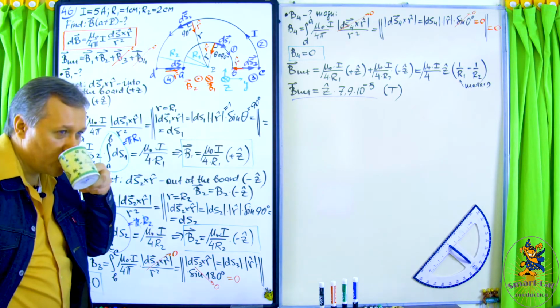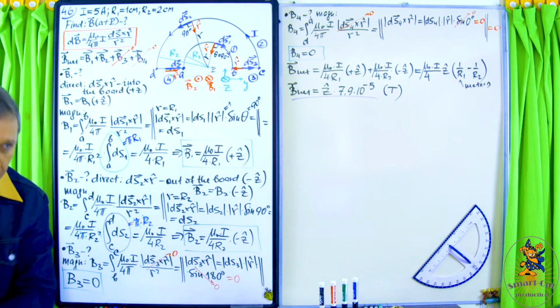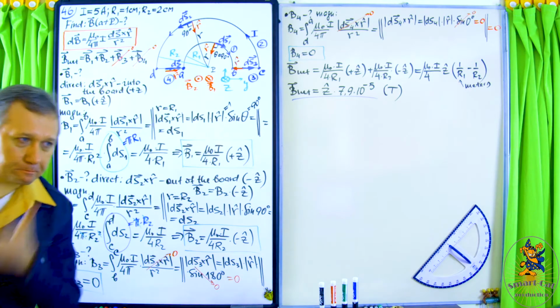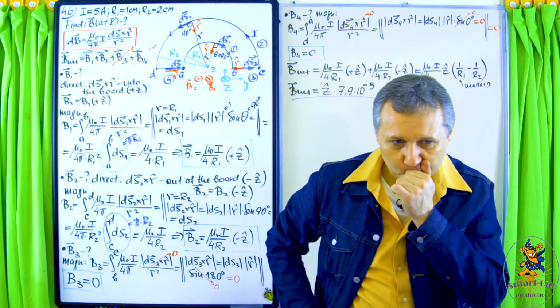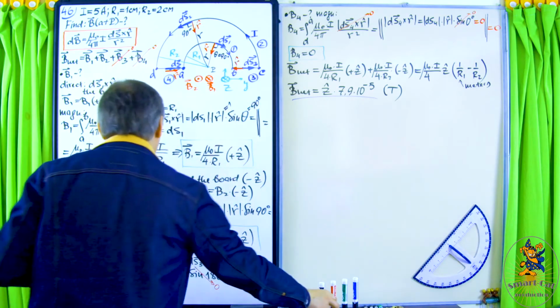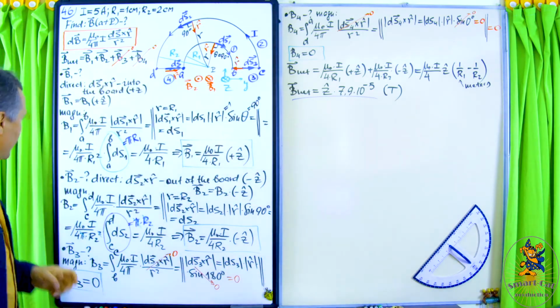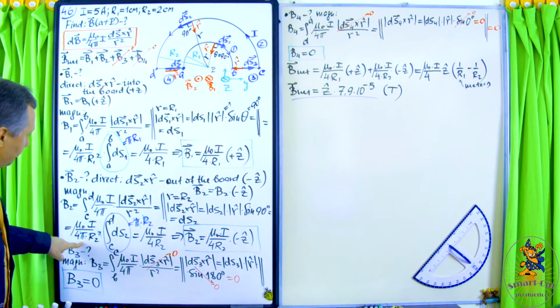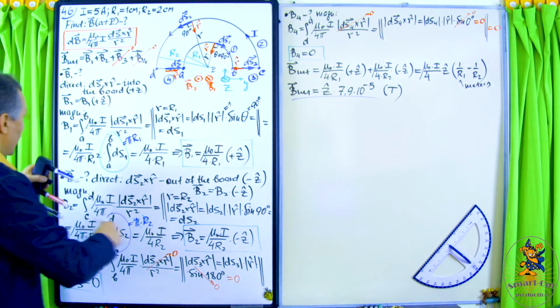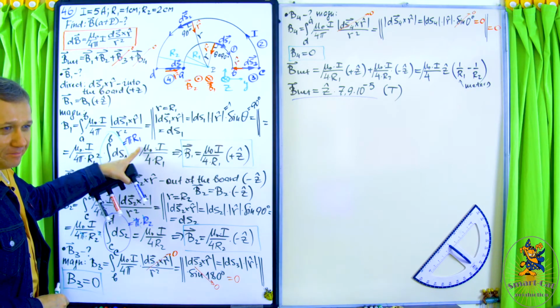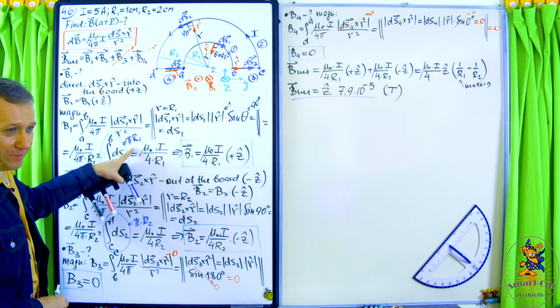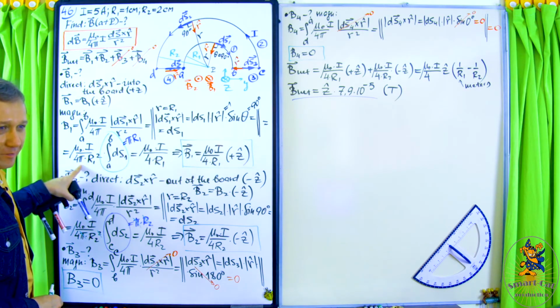Okay, Professor, I have a question. I may have missed it, but where does pi go in the denominator? Okay, yeah. You see the value of this integral is pi r. You see we have pi here, and here we have pi. What can we do with those pi's?